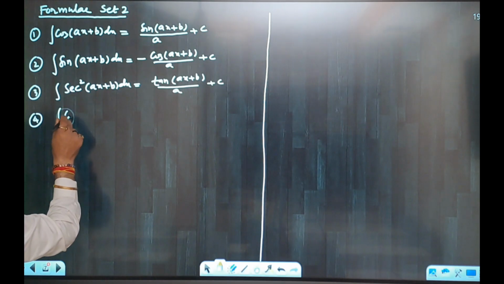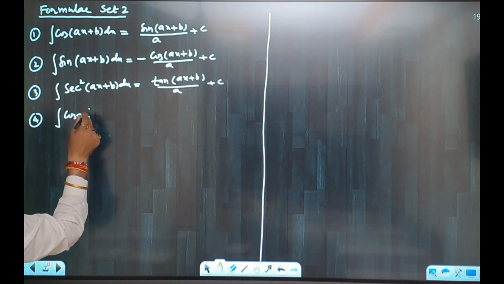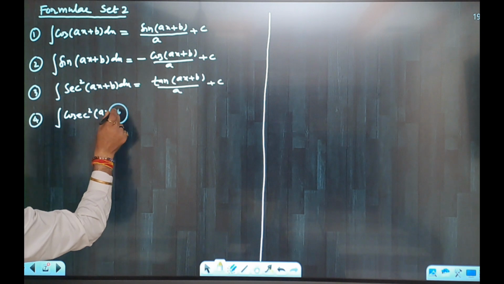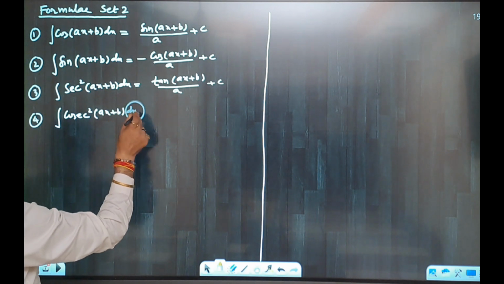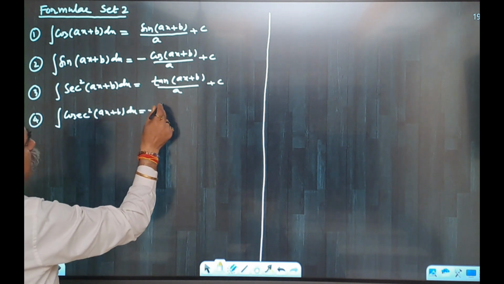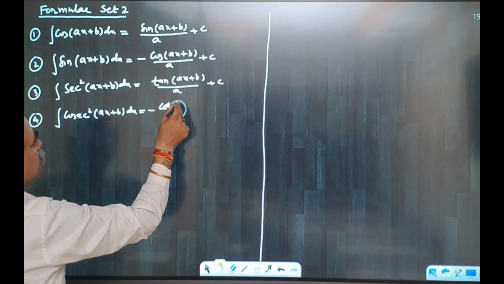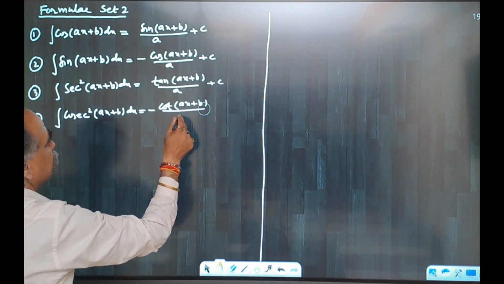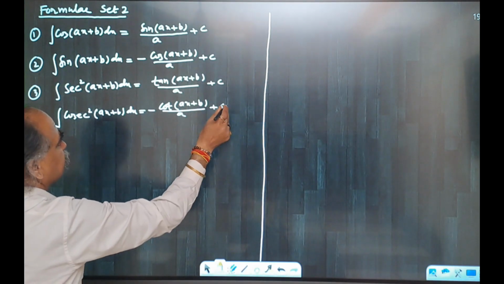Integral cosec square ax plus b, it is minus cot ax plus b upon a plus c.